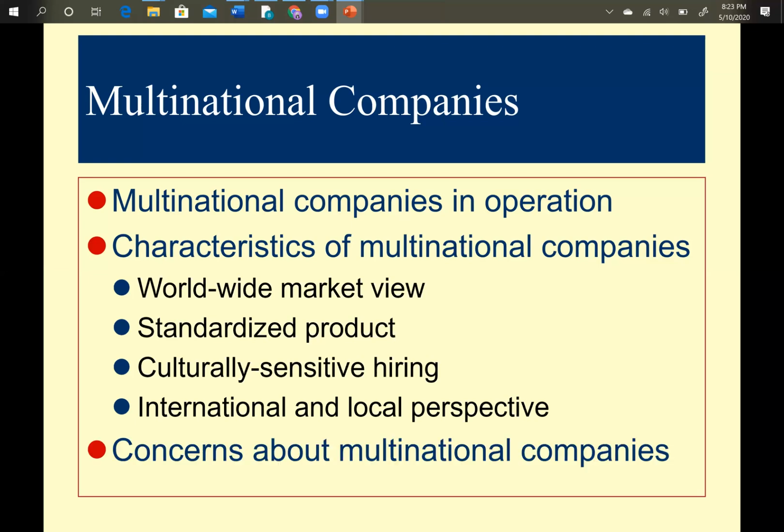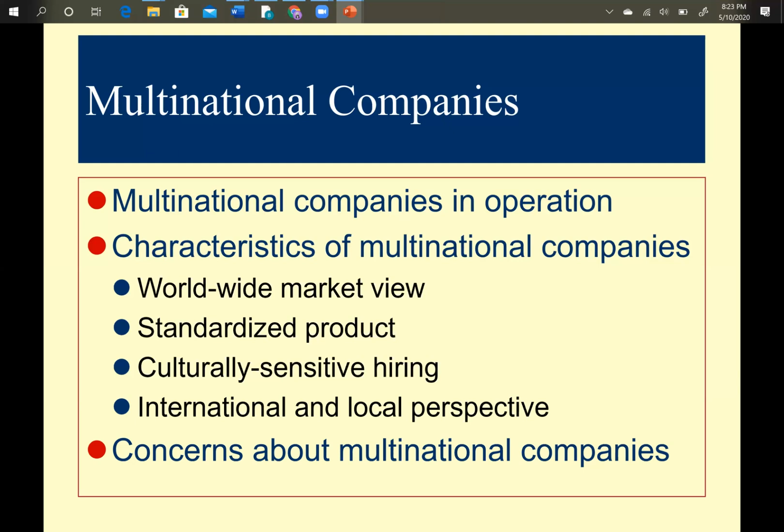Some of the concerns about multinational companies, I already touched on them, but again, a lot of people might go back to the United States and the fact that if you're an international or multinational company, that you look to outsource. So maybe you're putting a plant in Mexico because you can hire them at a lesser wage and so forth. And you're taking jobs from Americans. So it's very sensitive.